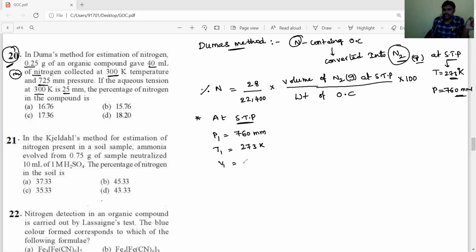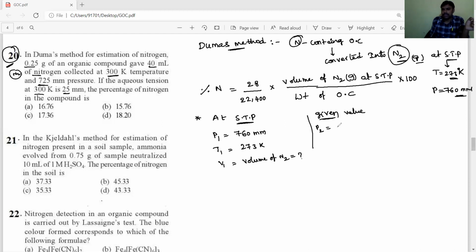Volume V2 means the volume of N2 we have to calculate. Let's see the given values.